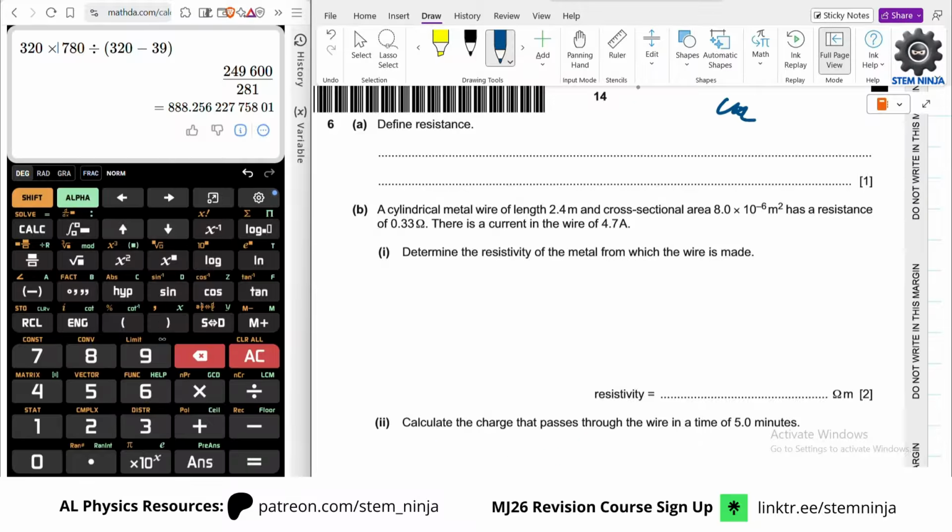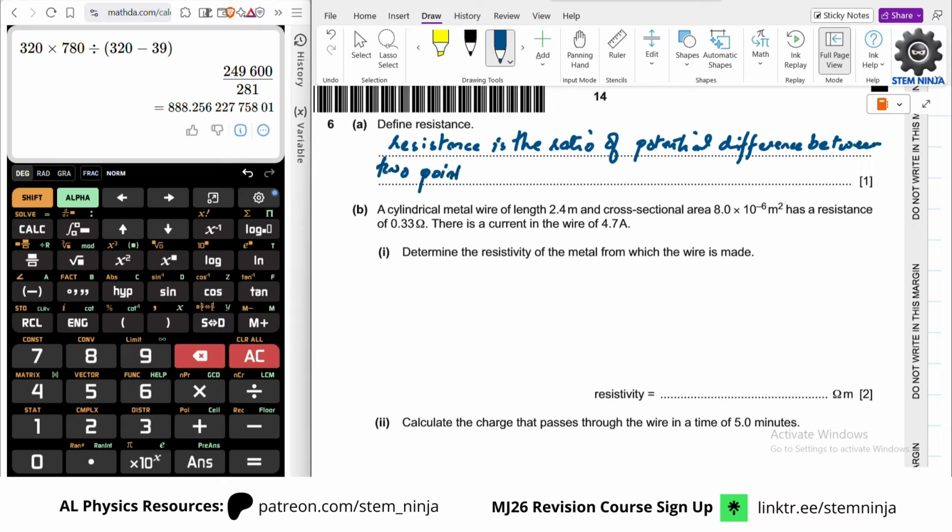So resistance is the ratio of potential difference between 2 points to the current flowing through them.